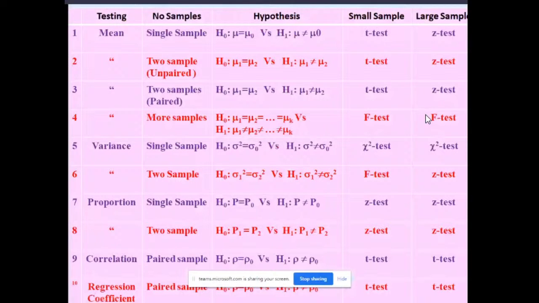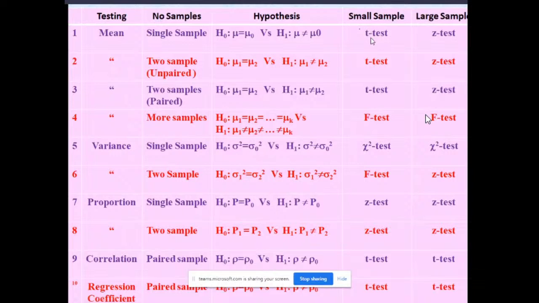Now, this is one of the table forms that I am giving in a general way. I want to test the mean of the population, whether based upon a single sample or two samples, and the hypothesis to be tested is that the mean of the population is equal to a particular value or not equal.